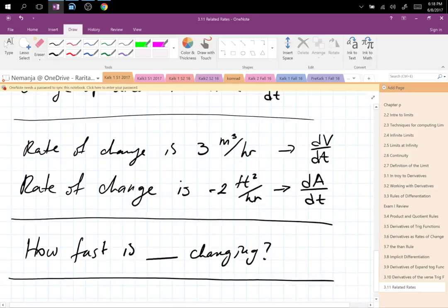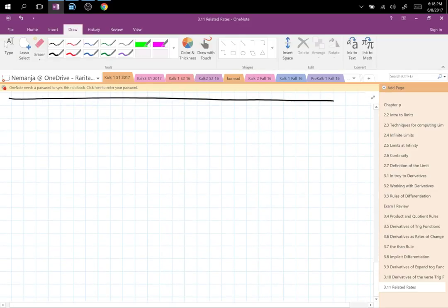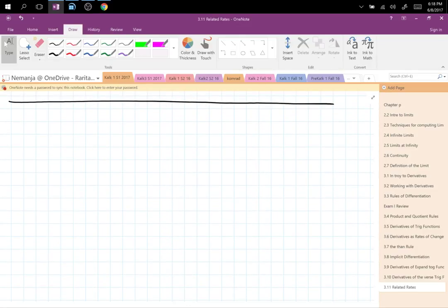All right, so now let's do some problems, because we can. I'm going to steal problems from the homework, from the textbook. You do have problems also in the text which are solved examples.